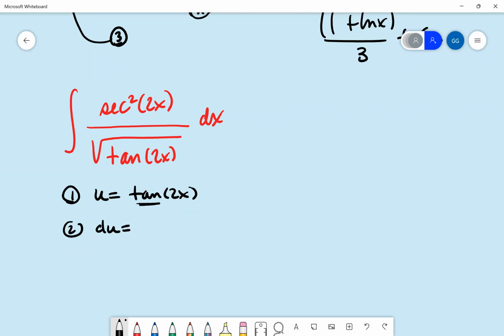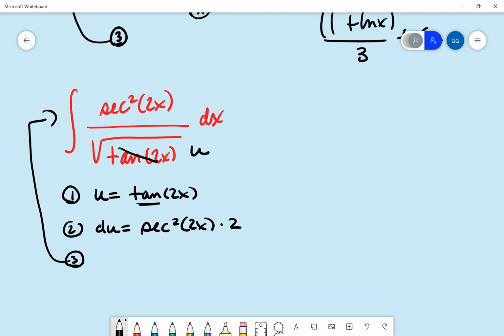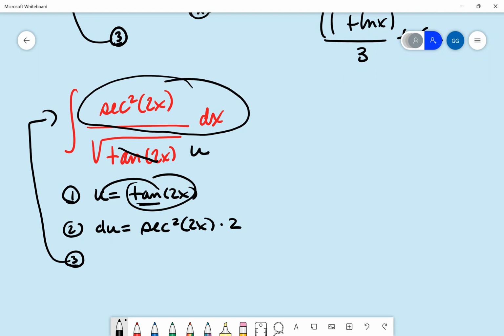So the derivative of tangent is secant squared, repeat the inside, times the derivative of the inside. So now in step 3, I'll return back. I'll cross this out, make it a u, because that's my u right here. And all this has to become the du.